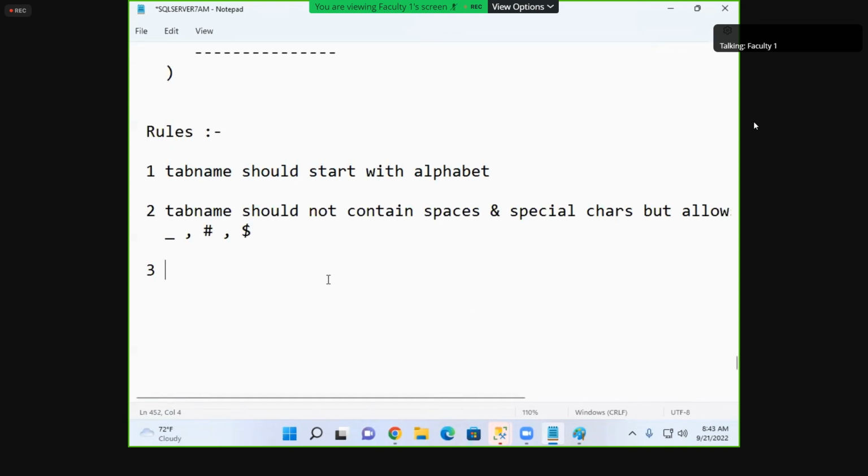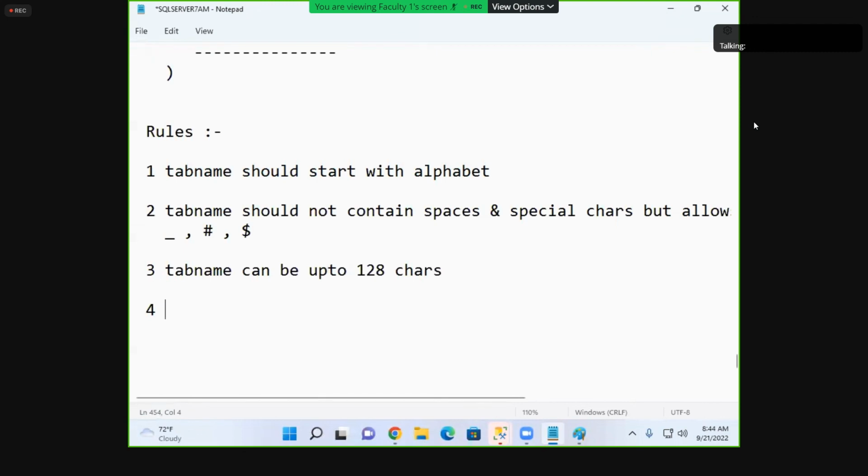And next, the table name can be up to 128 characters.